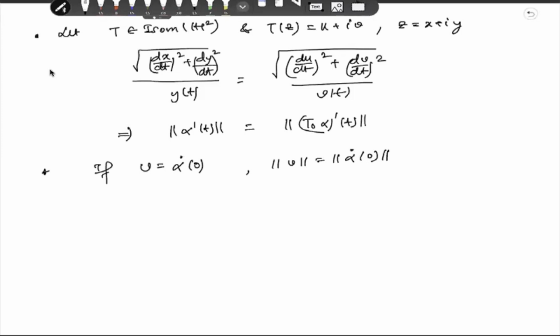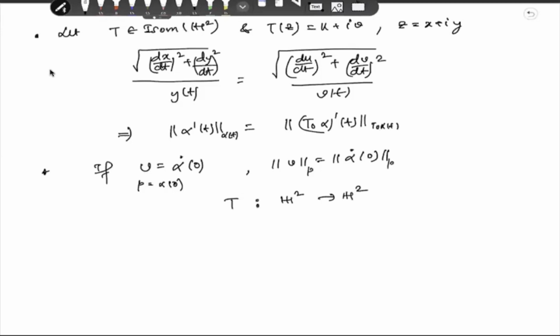Here let me take p equal to alpha 0, and the norm I am taking at the point p. So in the above case, the left side will be the norm of alpha prime t at the point alpha t, and this is equal to the norm of (T composed with alpha) prime t at the point T composed with alpha t. Now this T is a map from the upper half plane to the upper half plane.